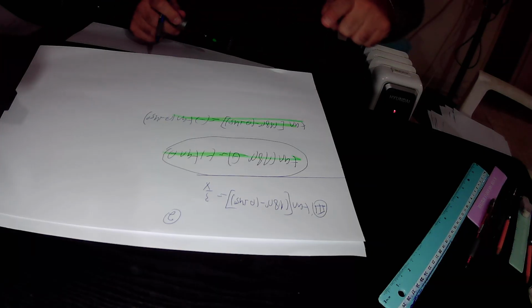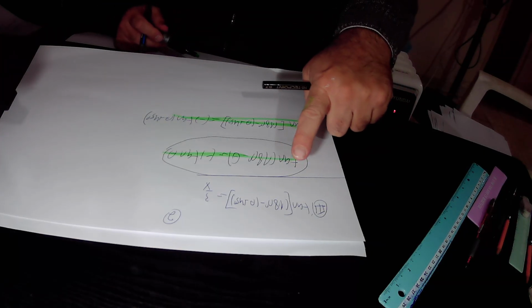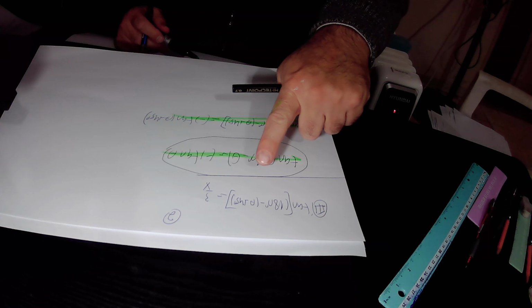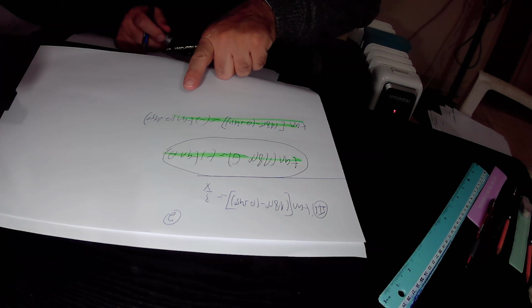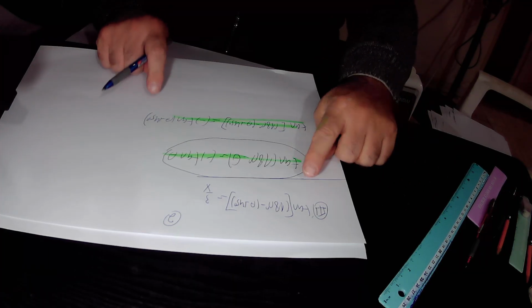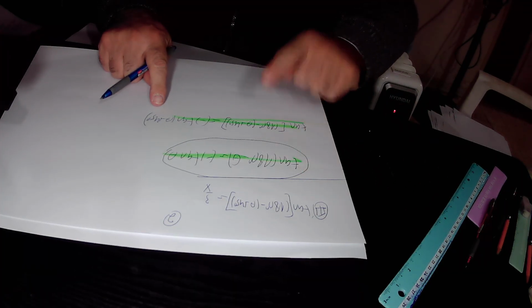So we can substitute tangent of (180 degrees minus (theta plus 45 degrees)) by minus tangent of (theta plus 45 degrees), because those two expressions are identical according to this trigonometric identity.